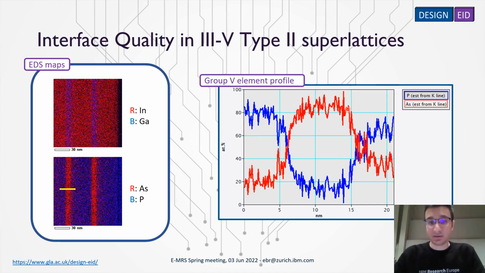After the second interface, there is again a sharp drop in arsenic concentration and a sharp rise in phosphorus concentration. This time, however, there seems to be a little bit of lingering right after the interface of some arsenic impurities, which are nonetheless the minority element.